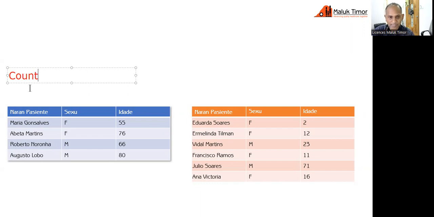And the count of the number of patients here is 4. And for these patients on the right, the count of the number of patients is 6. Now I can say that is the difference for the number of patients or the naran paciente in both of these data sets.